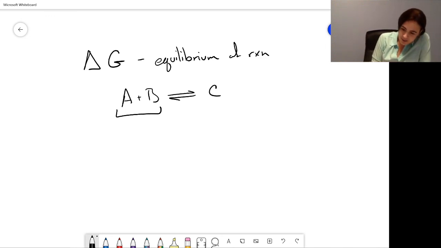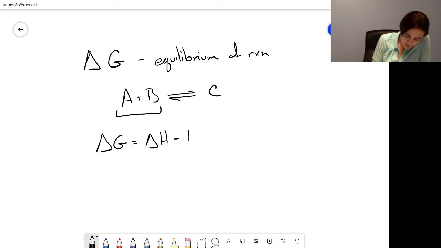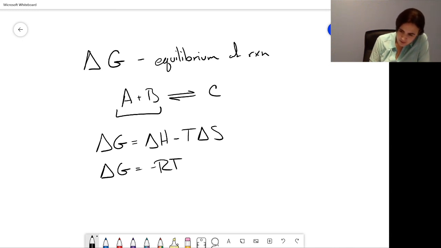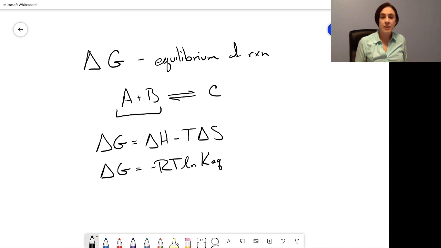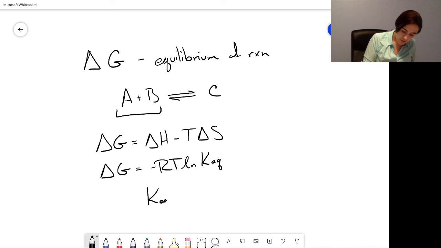So we can take delta G's, which we defined as delta H minus T delta S, and use another equation. We can take another equation and put that in terms of physical observables, because KEQ is equal to the concentration of products over reactants.